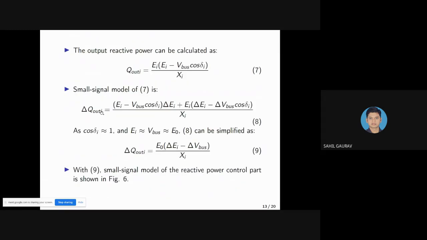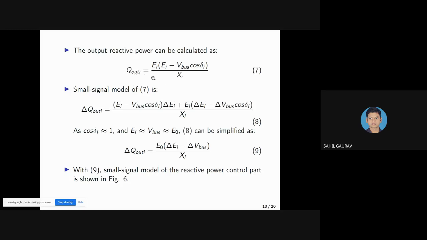And we know that the output reactive power through the inverter can be calculated as this. Here E is the set value of the reference virtual voltage given for the inverter, V bus is the voltage on the bus side, or we can say at the PCC, and delta is the phase difference between E and V bus. So we can get the output reactive power from the inverter.